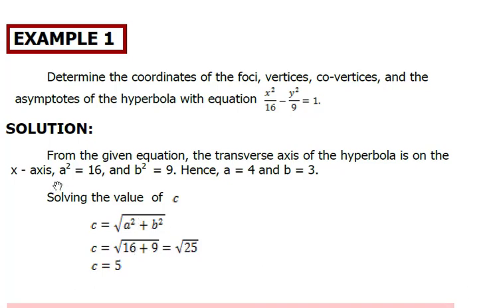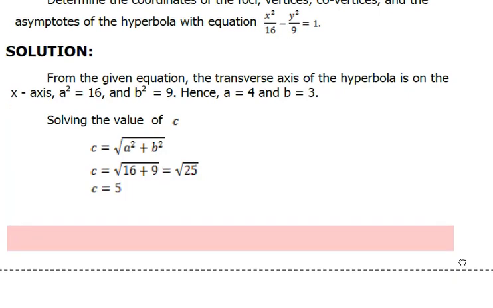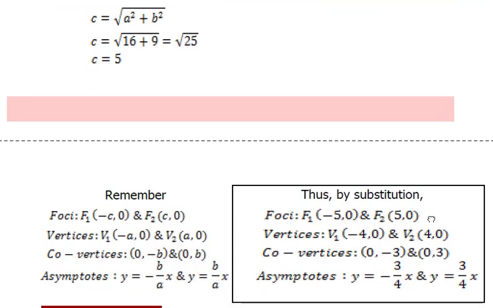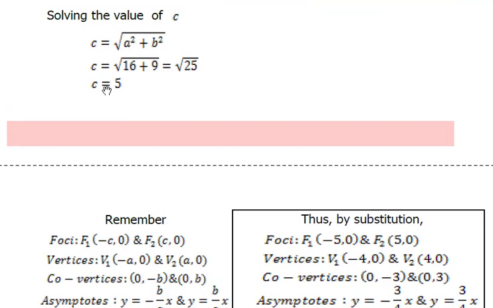Since the transverse axis is the x-axis, and we're given c equals 5, the foci are negative 5, 0 and 5, 0.